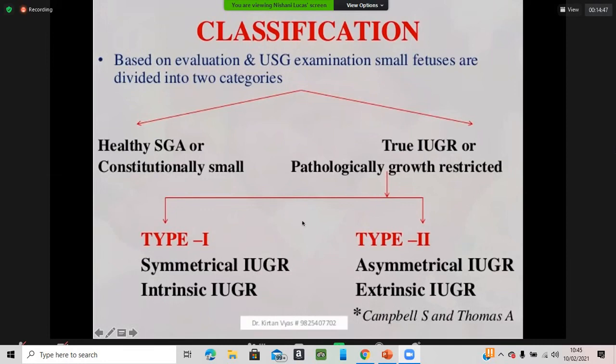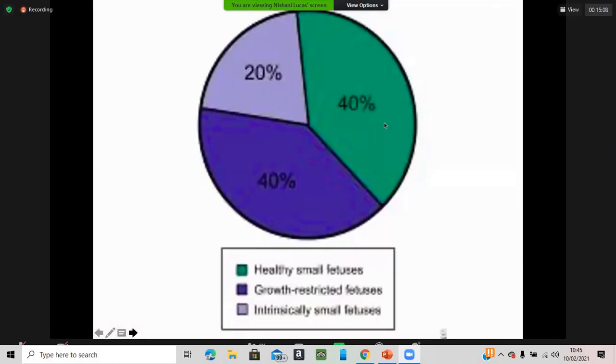Out of them, there are two types. There is the type 1 where there is symmetrical IUGR, which is also called intrinsic growth restriction, where head, chest, everything is proportionate. And there is the asymmetric growth restriction or what is called the extrinsic IUGR. So we talked about percentages earlier.